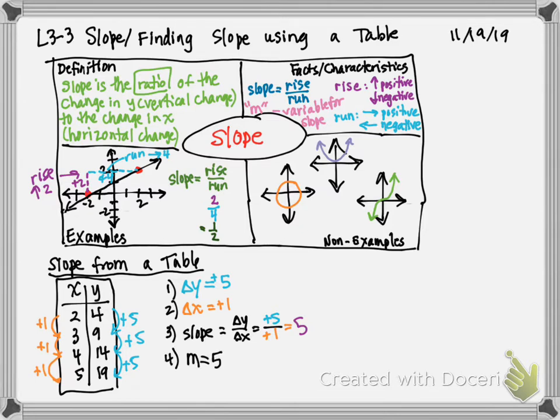Okay. So if you haven't figured it out, you have a constant rate of change, which really is known as slope, when you see these two things happen.